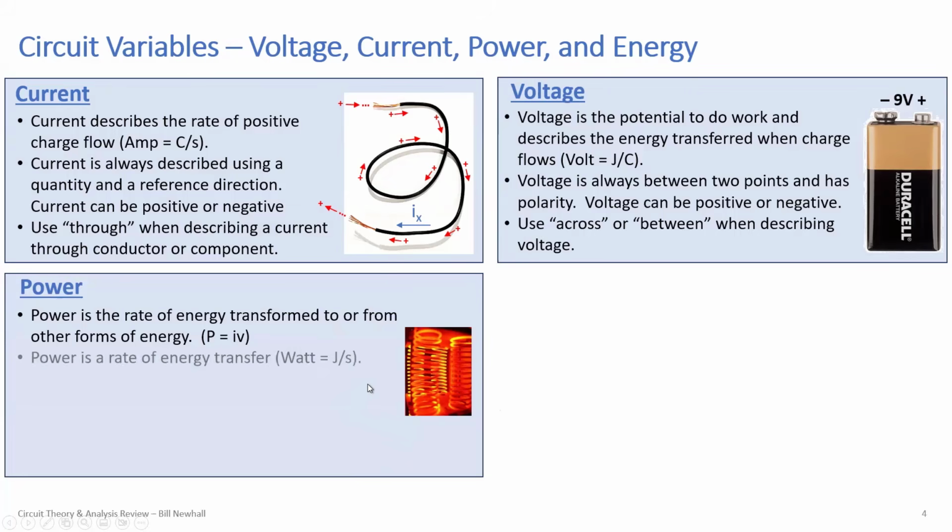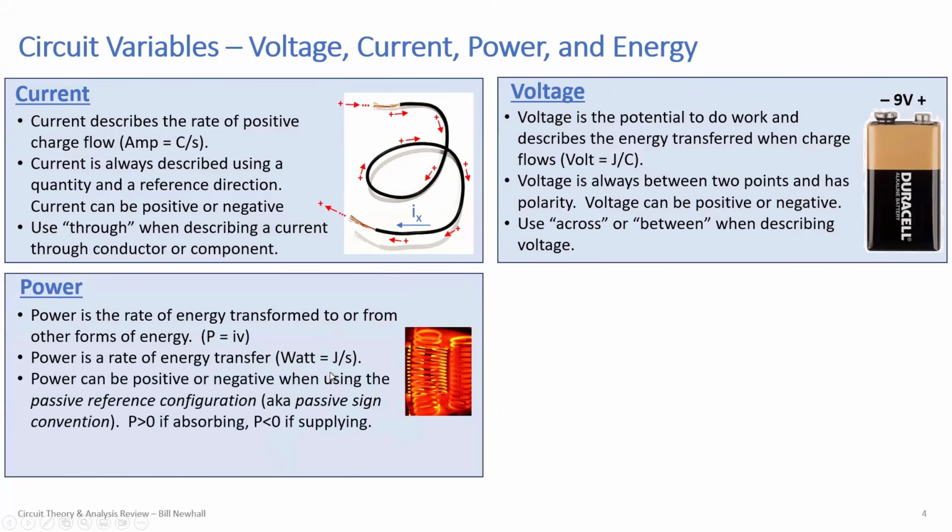So power is that rate of energy transfer in joules per second, joules being energy, seconds being time. That's a watt. And power, a lot of people don't like this, but we do it, can be a positive or a negative value.